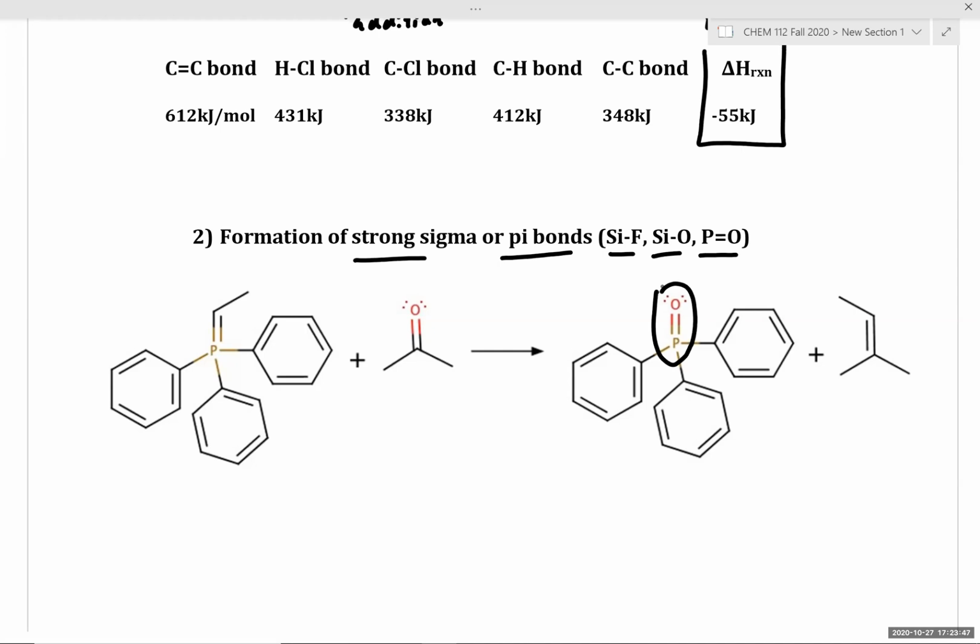Does this idea make sense to everyone? This idea that reactions can be made more favorable if they have favorable reaction enthalpies. And this enthalpy can be driven by forming stable low energy bonds or by replacing higher energy pi bonds with lower energy sigma bonds.